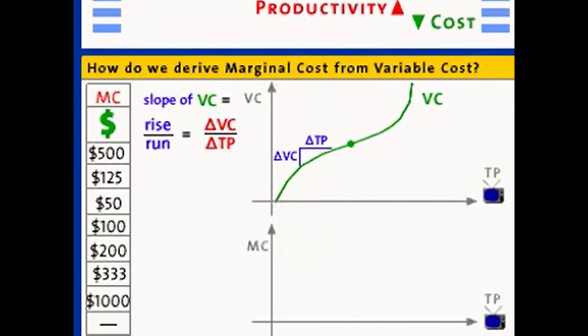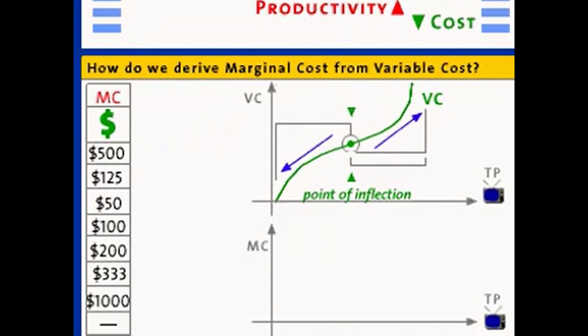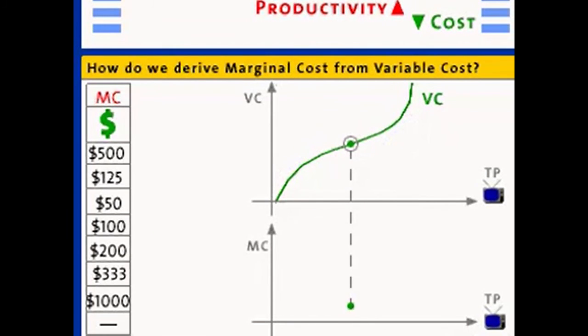So if I'm real careful about this, I can indicate the quantity of television sets at which that inflection occurs and drop that down into the marginal cost diagram and make that the minimum point on my marginal cost curve. Marginal cost is decreasing, that is, the slope is decreasing up to that point, and then beyond that point, it's going to be increasing again. So I've identified the minimum point on the marginal cost curve.